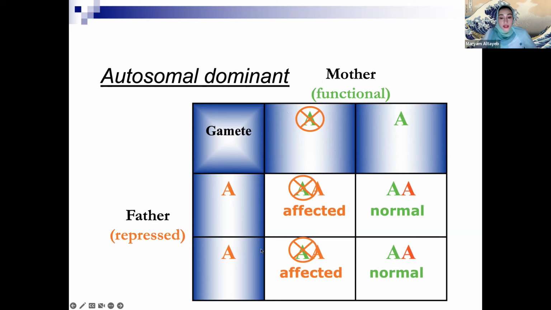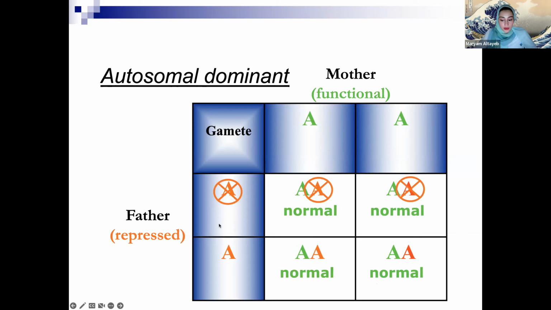However, this specific gene or allele is paternally imprinted, meaning even before you receive it from the father, it's repressed. So when you do the Punnett square, you're going to have 50% of people that are normal and the other 50% that are affected. And this applies for paternal imprinting as well as maternal imprinting.